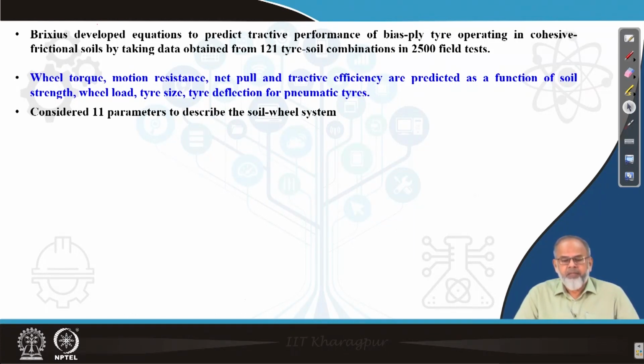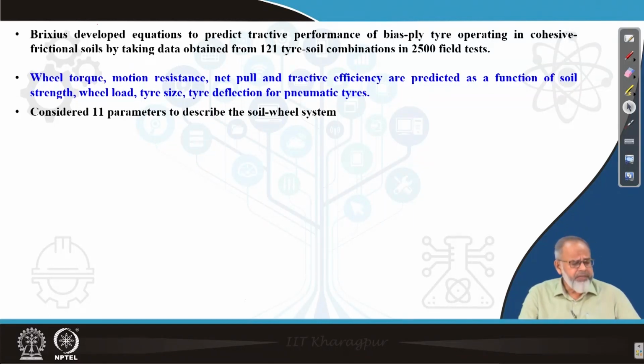Based on those data, he tried to develop some equations. He tried to identify the parameters which affect the tractive performance, and then he developed equations for torque ratio with respect to motion resistance ratio, and from there he derived the coefficient of traction and tractive efficiency.